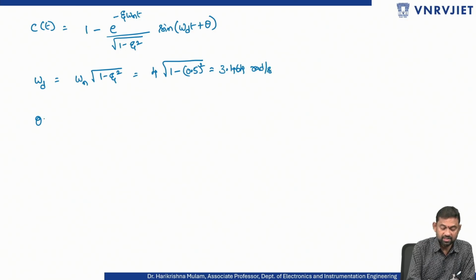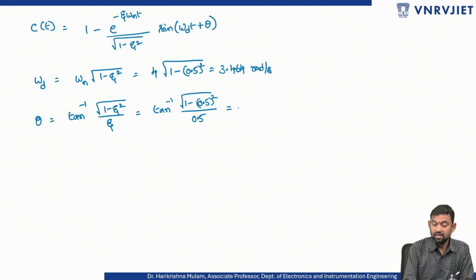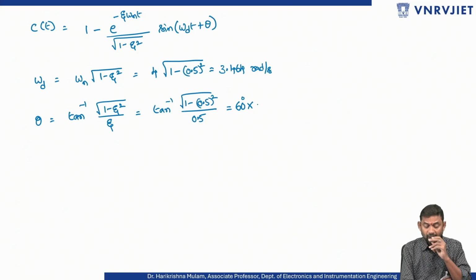Similarly, if you find theta, theta will be equal to tan inverse of square root of 1 minus zeta square by zeta. Therefore, tan inverse of square root of 1 minus (0.5) whole square by 0.5. If you find its value, in degrees it will come around 60 degrees, but we need the theta value in radians.